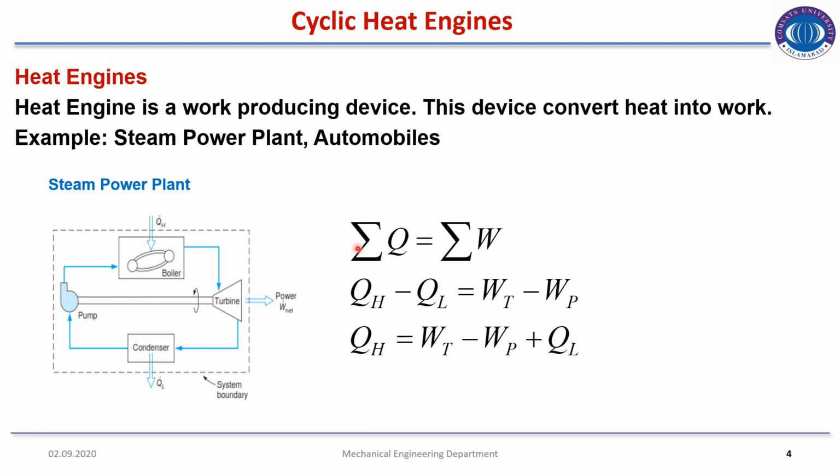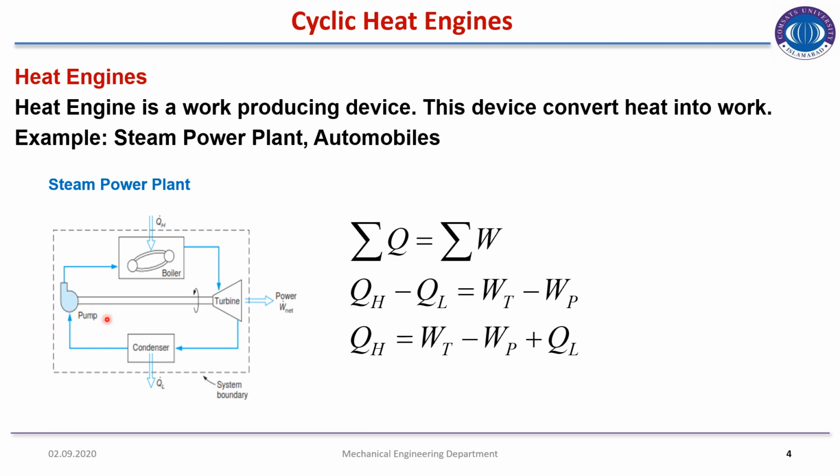From the first law of thermodynamics, the cyclic integral of δQ is equal to the cyclic integral of δW, as this is a cyclic process, so the term U drops out. QH minus QL is equal to WT minus WP. Heat addition is at the boiler, and QL is the heat rejected from the condenser or heat exchanger, whereas WT is the power output of the turbine and WP is the power input to the pump.